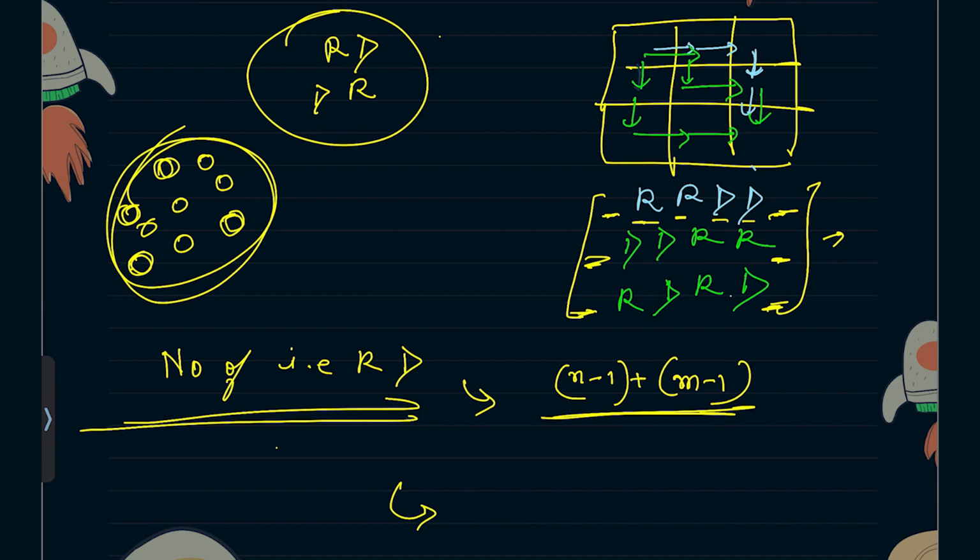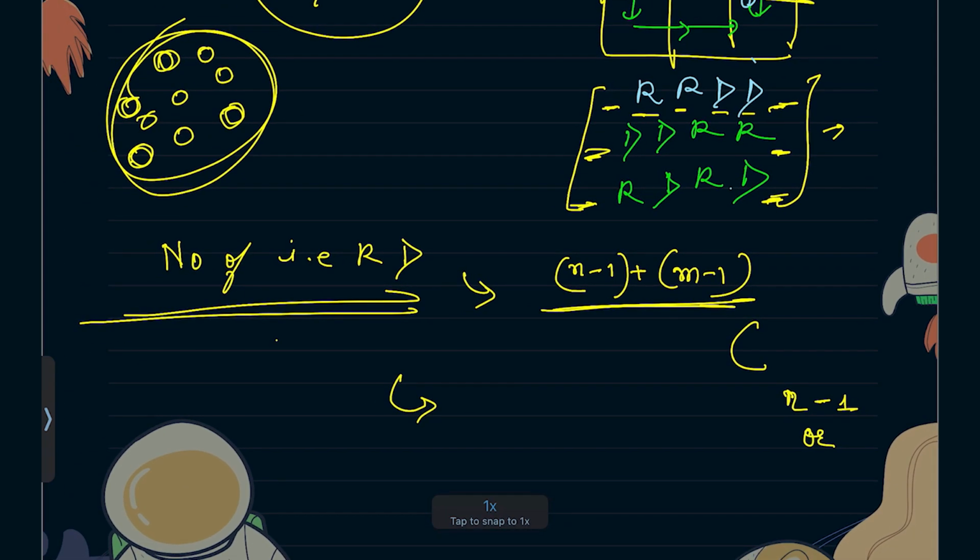If there are only two values and I fix one value, the next value would automatically take up the leftover places. So I can say the number of ways to arrange either R or D is n, I can either keep n minus 1 or m minus 1.